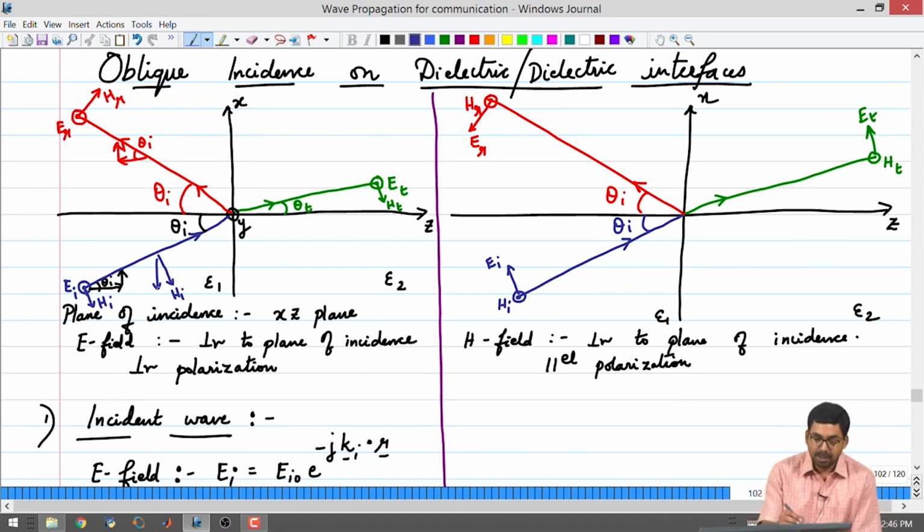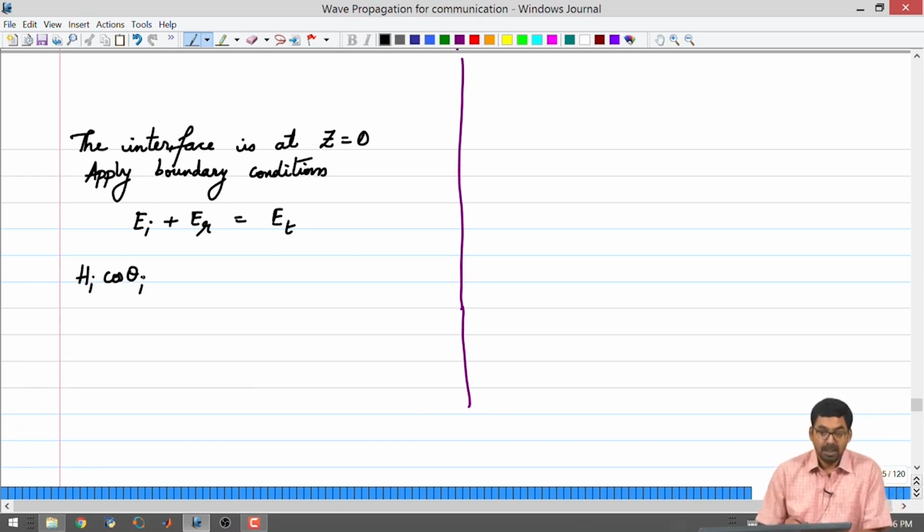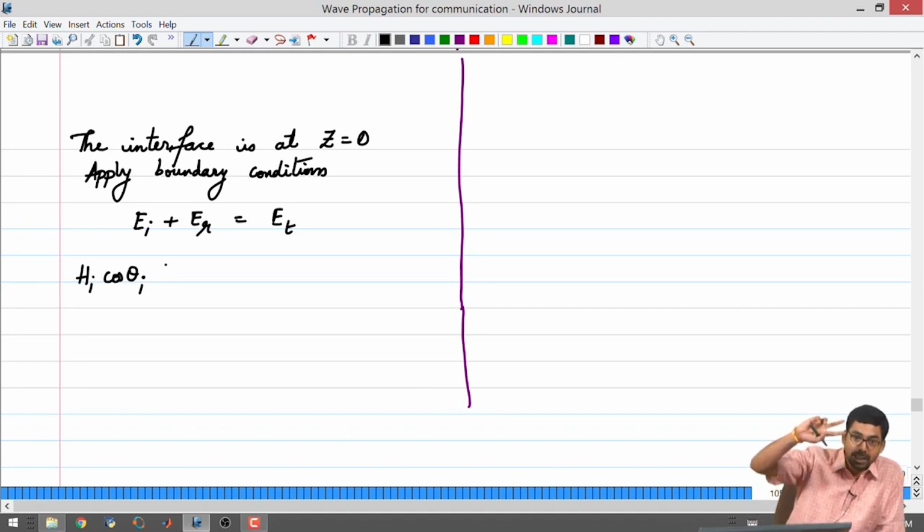So, I can use trigonometry to find out the angles, okay. I will not go into too much detail, but I will just write down, it will look like HI cos theta I. Now, remember that for the magnetic field the direction was flipped for the reflected case, alright.